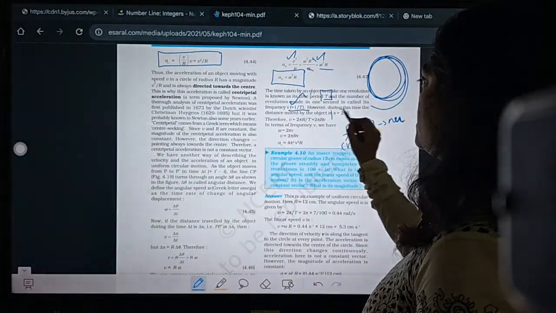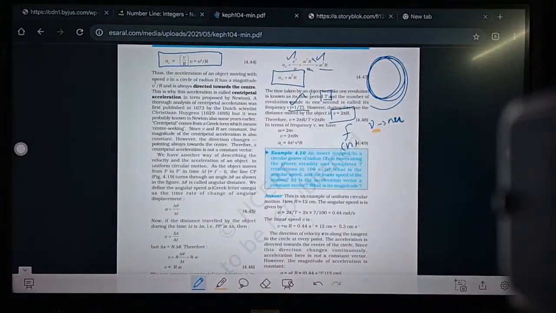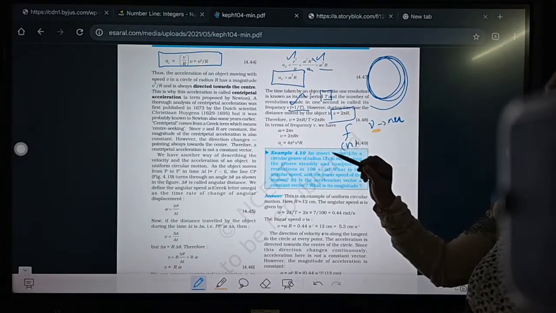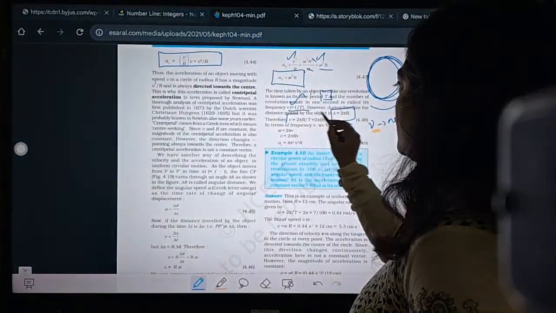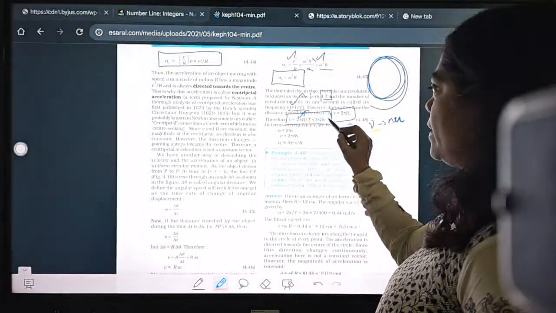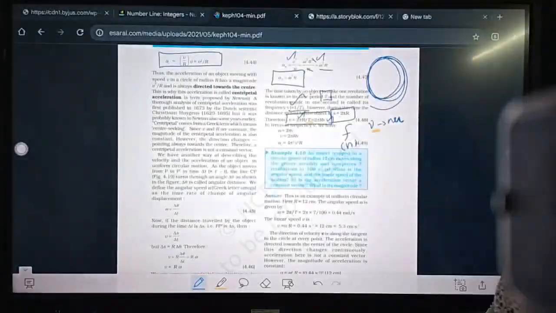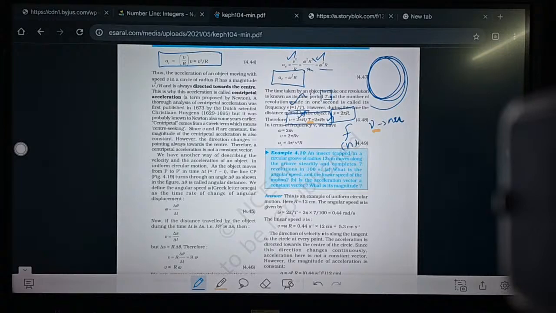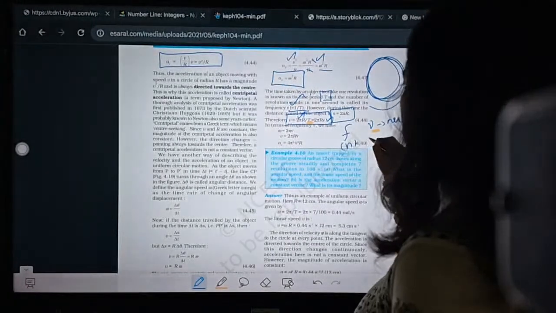The total length of the path of a particle is the circumference, which is 2 pi r. And then what is the velocity? The total distance covered by the particle divided by the time period. Don't confuse this with the velocity letter.